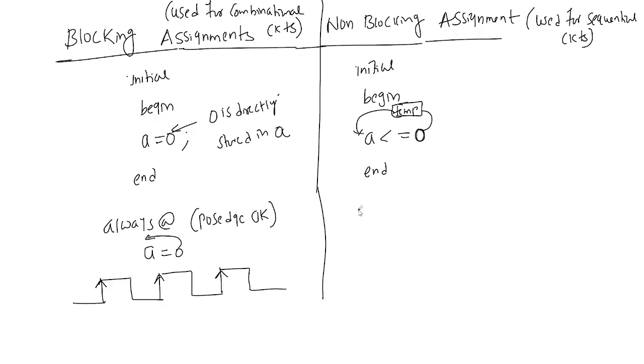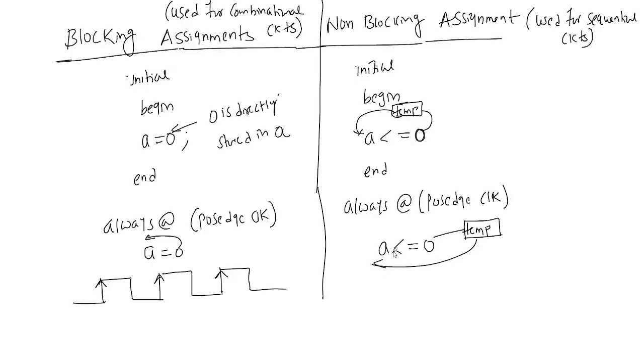Suppose it is non-blocking, always at the rate posedge clock, with a non-blocking assignment of 0. First it will be stored in one temporary register, and from the temp register it will be stored in a.